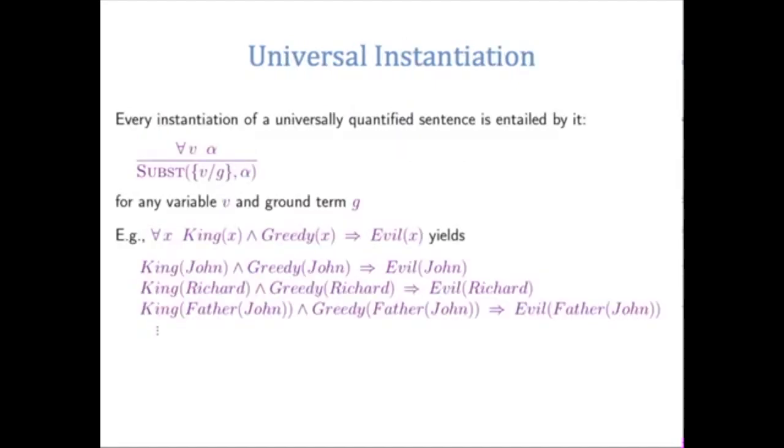Here we're going to start approaching unification, and I need to approach that through the notion of instantiation. So we're going to look at two kinds of instantiation, and we'll start with universal instantiation. Every instantiation of a universally quantified sentence is entailed by it. What that means is that if I have a universally quantified variable v in some sentence alpha, then no matter what ground term I substitute for v, alpha will be true.